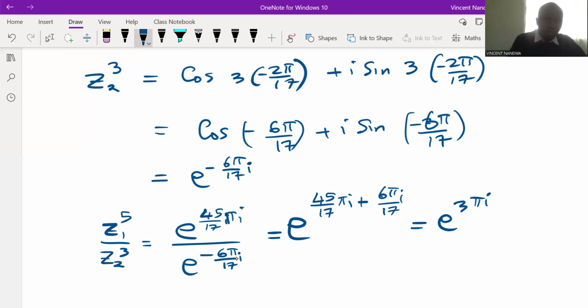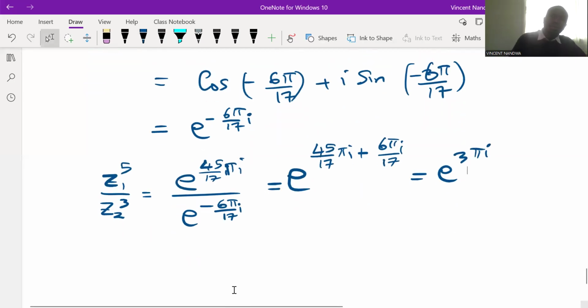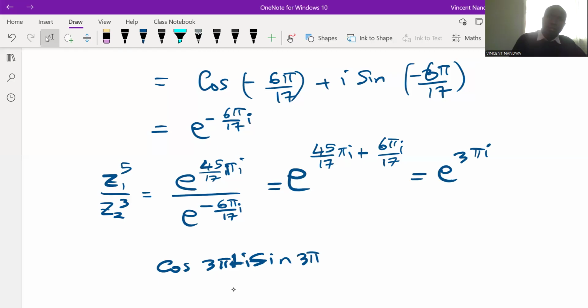And then when you have e raised power 3 pi I, you can always change this into polar form as cos 3 pi plus I sine 3 pi.